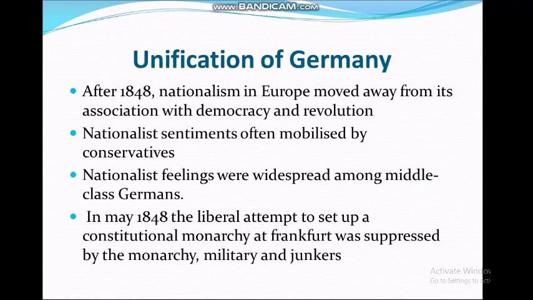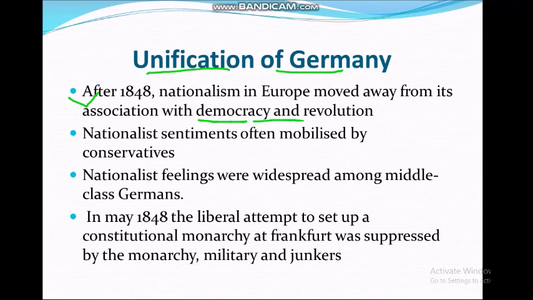The unification of Germany. We will see it in detail, thoroughly, through the points, so you will get everything easily. After 1848, nationalism in Europe moved away from its association with democracy and revolution. This sentence may confuse you.